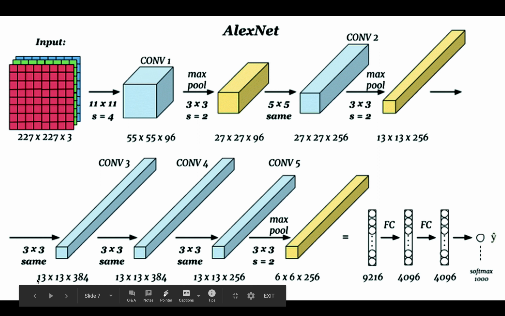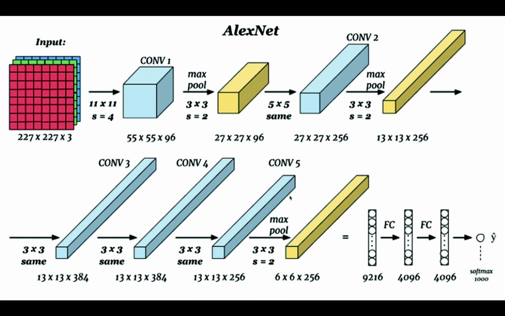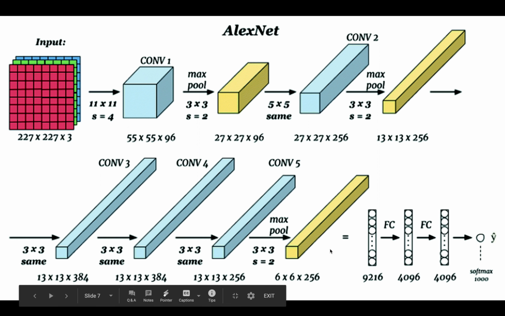The input size stays the same, 13 by 13, but the depth increases to 384, and then they change the number of filters and get less depth. Finally they use max pooling to downsample the network, getting a feature map of 6 by 6 by 256.